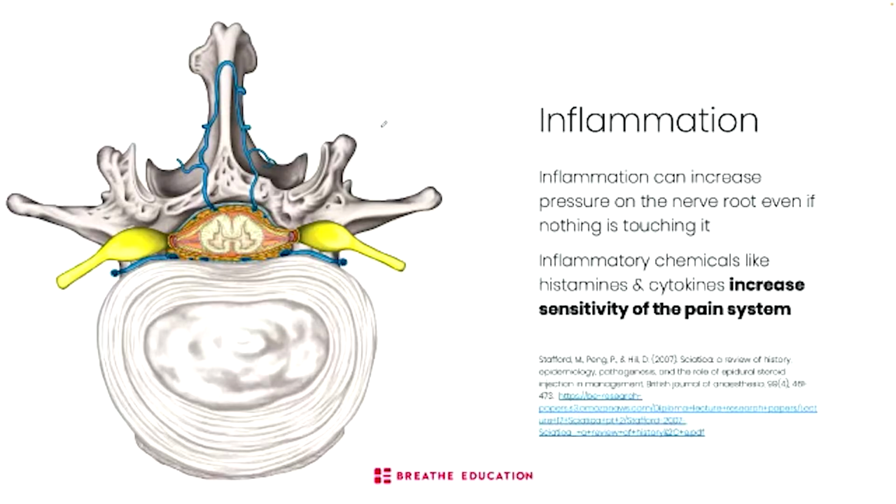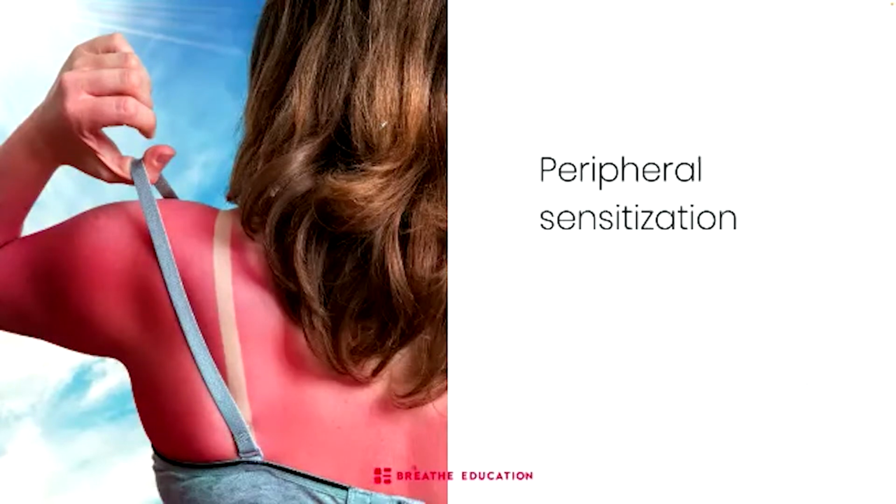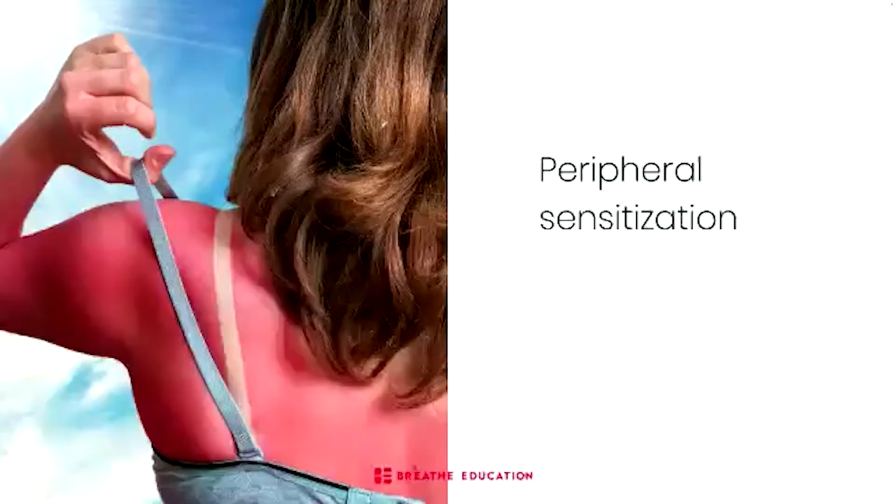Now, inflammation can cause leg pain and contribute to leg pain not just by increasing the pressure, but it actually increases the sensitivity of the pain system as well. Now you've experienced this, I'm sure, in your life. Hands up, who's ever been sunburned? Okay, well, what happens when you're sunburned? The tissues that are burned become sensitive.